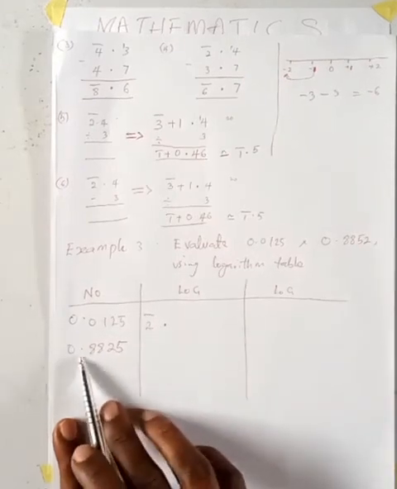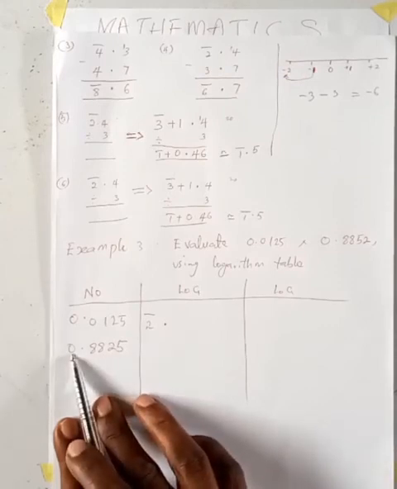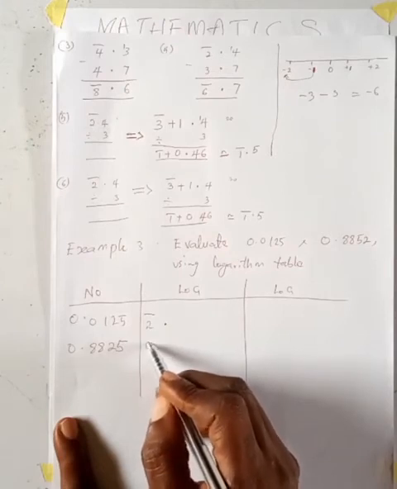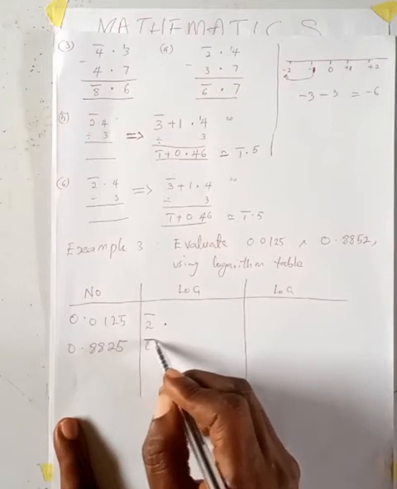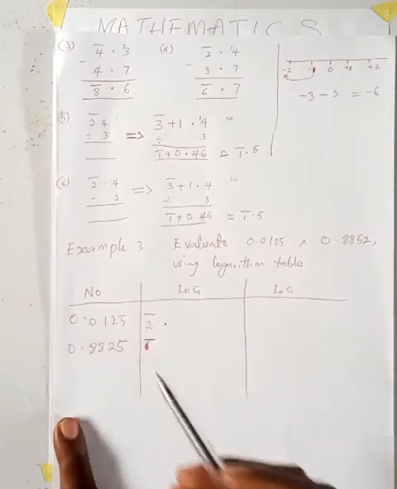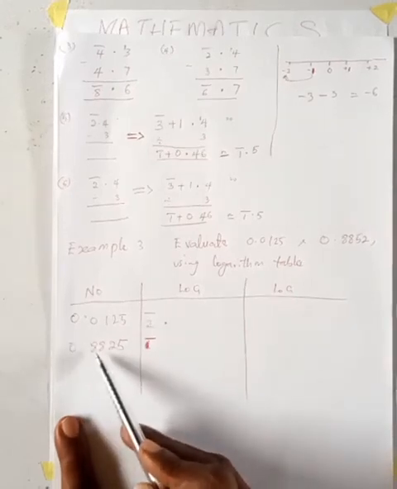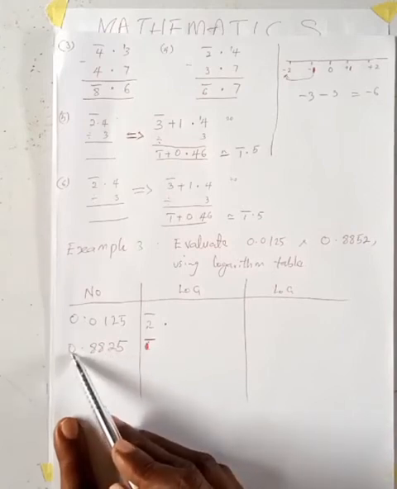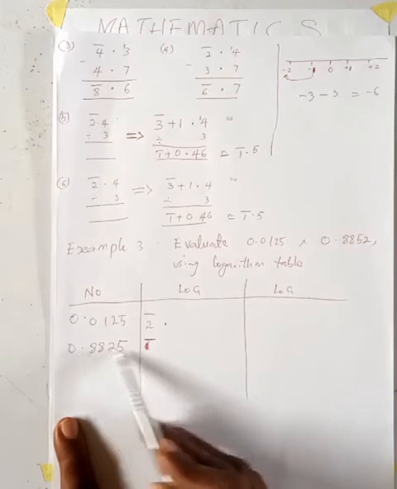Then the next one here, we also need to determine the characteristic. We can see the first number given here is 0, so it automatically shows that the characteristic is also going to be a negative number. So that's going to be bar. Since this 0 is not qualified to be the first digit, what will be the first digit is the first counting number we have here.